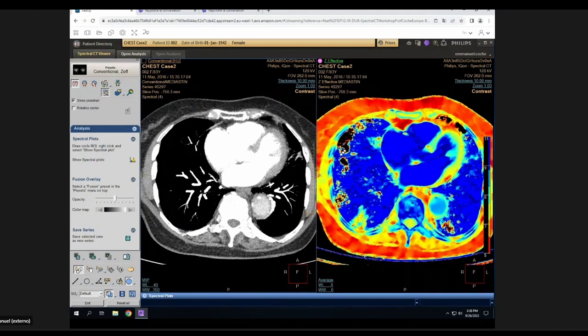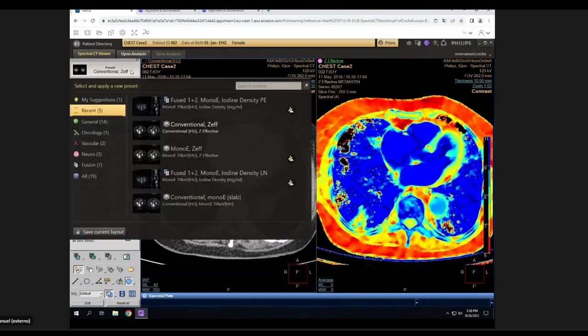You see, you may have artifacts here. It's the old data in 2016. It was at the beginning of Spectral CT. It has disappeared now. And you can correlate your findings here with this viewing, or you may go to the other display.